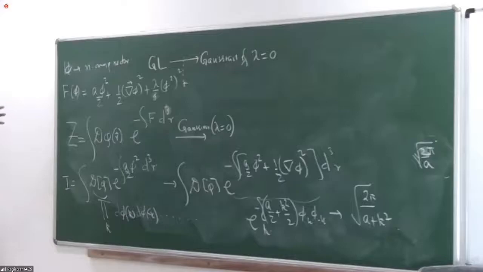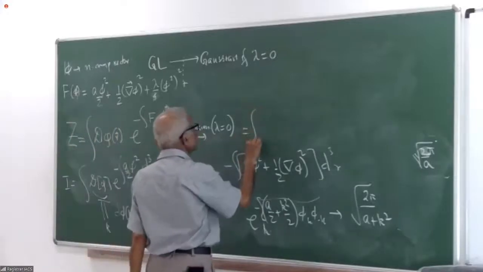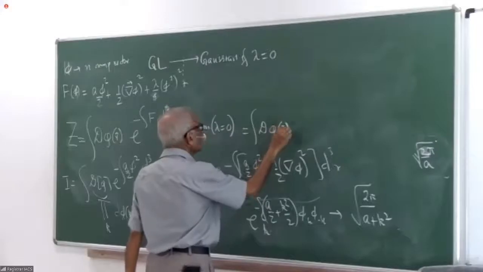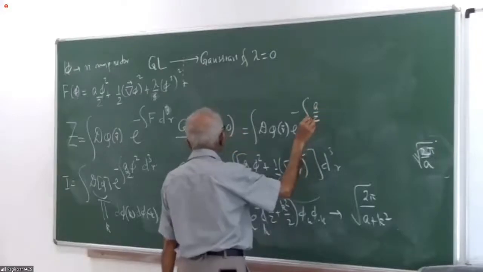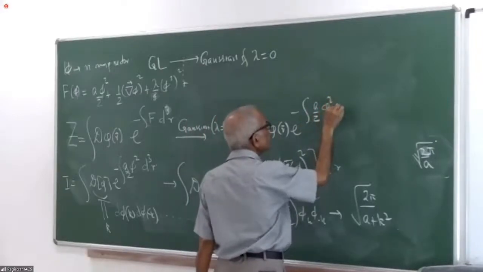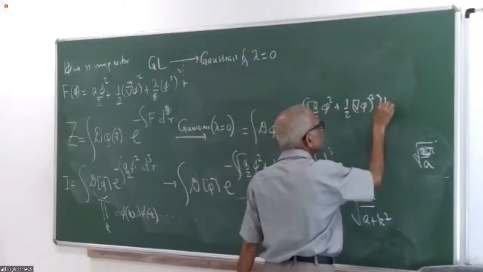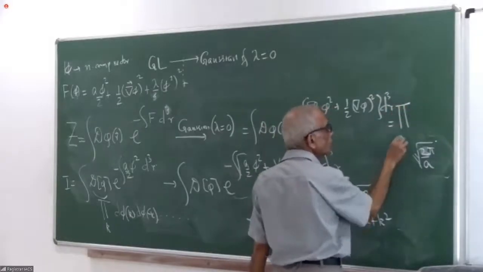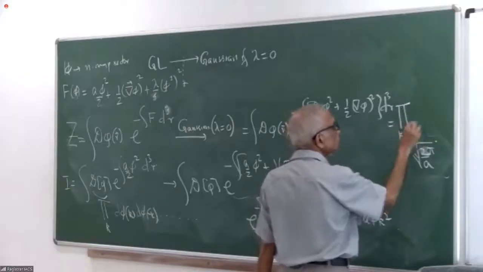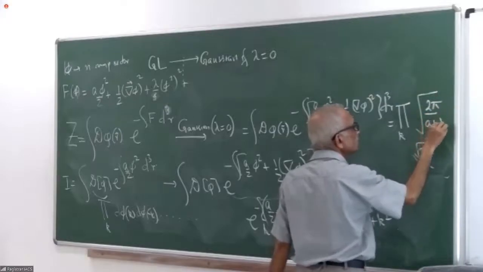So the Ginzburg-Landau model becomes a Gaussian model if lambda is equal to 0, and then it is simply the functional integral of e to the power minus a over 2 phi squared plus half grad phi squared d3r, and the answer is pi over all k's, or that is square root of 2 pi over a plus k squared.